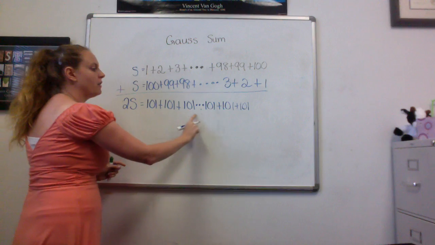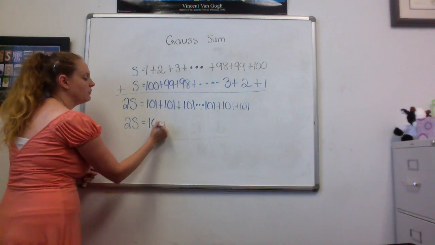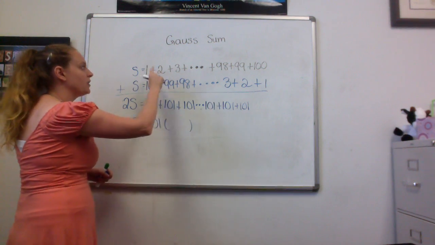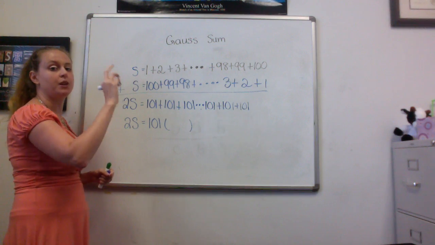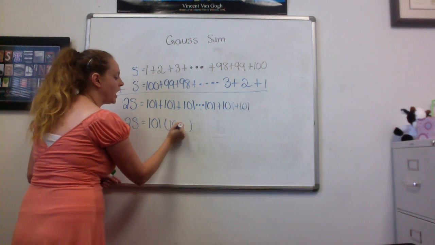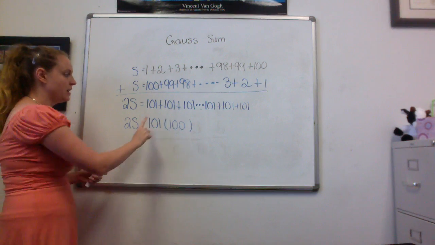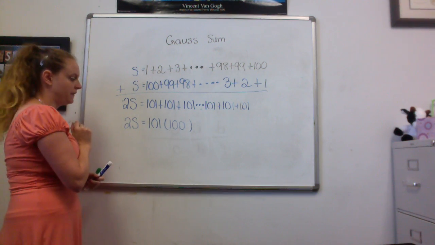So now I just need to figure out what this is over here. I know it's 101, and there are 100 of those. There's one for each number in my sum. Number 1, number 2, number 3, number 4, number 5. So there are 100 of these 101 terms. So 101 was my term, and there are 100 of them.